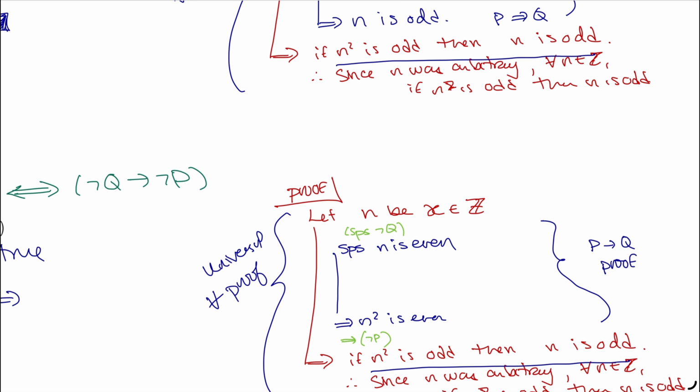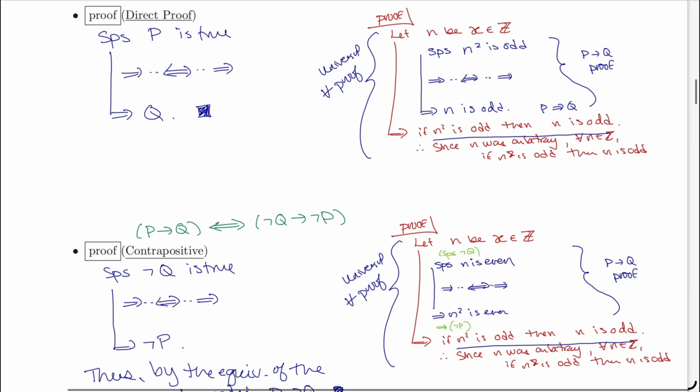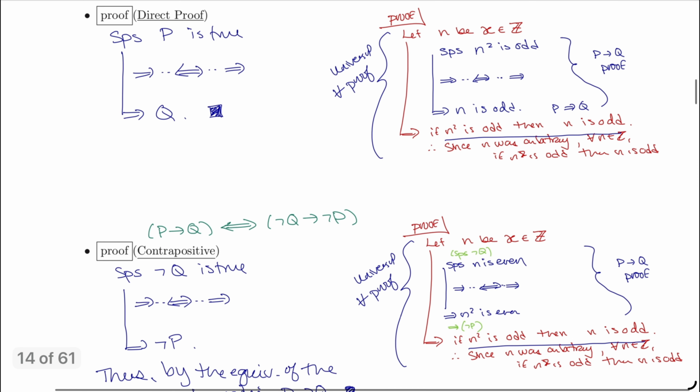Okay, so if I wanted to do this particular proof by contrapositive, that would be the form of the conditional proof nested within the universal statement. Now let's think about which one of these we would rather work with. Here, I get to start with something about n and conclude something about n squared.